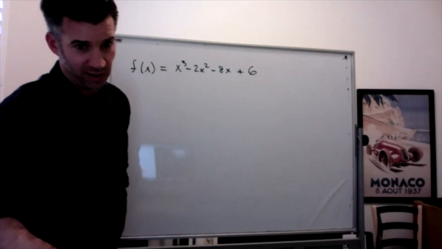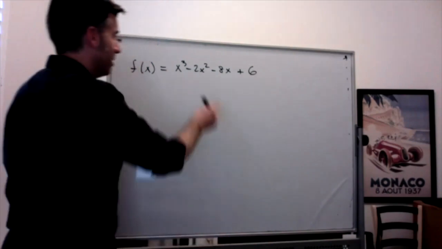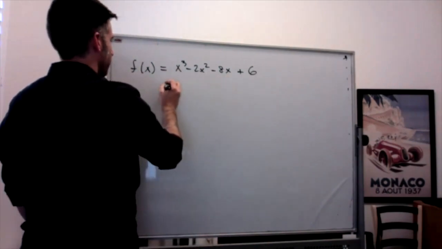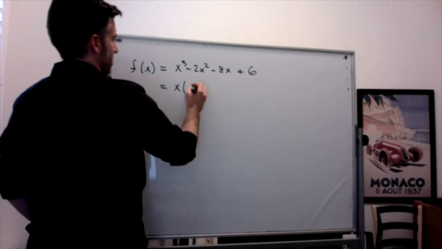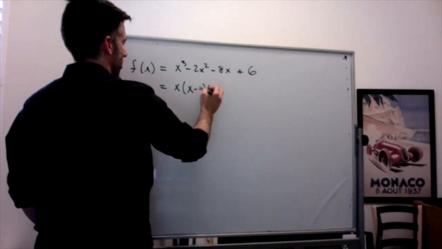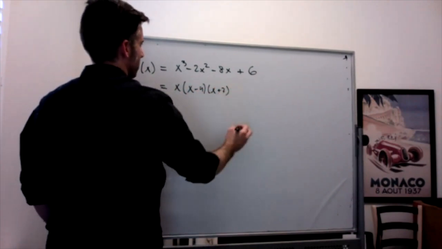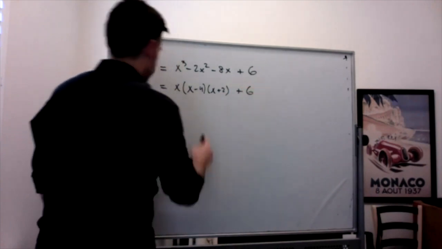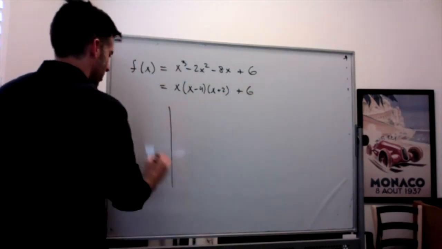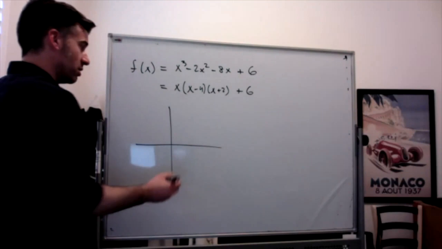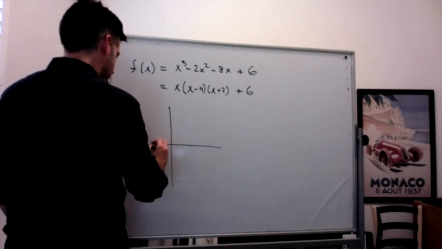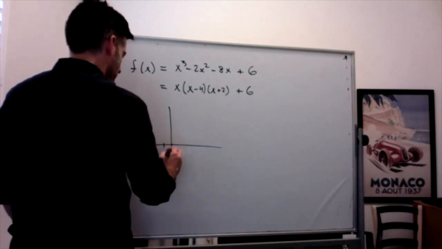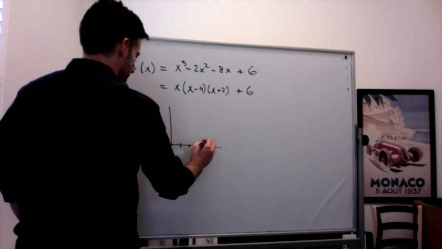So here's what I've really done, just so you can see my thought process. This here is really x times x minus 4 times x plus 2. Normally this part here would look like some cubic function that would go through the points -2, 0, and 4.